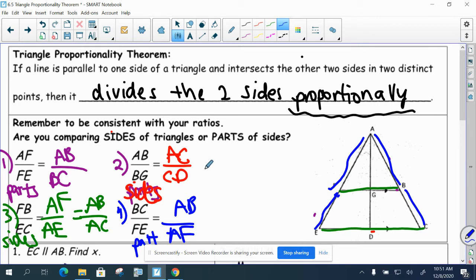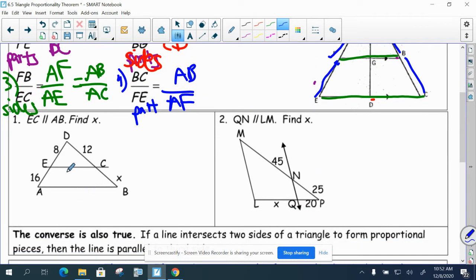All right, let's look at a few examples. For number one, EC is parallel to AB. Find the value of x. Here, there are a couple different ways we can set up our proportion. One is to just do x over 16 equals 12 over 8. Then you can reduce and cross multiply.